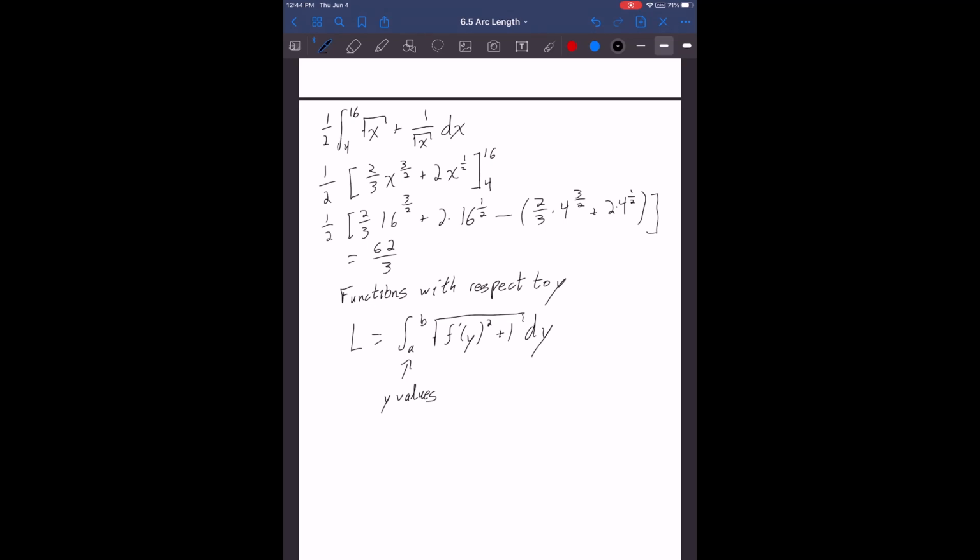It tends to be pretty rare that that happens. More commonly, we just have easier functions when we're dealing with these functions with respect to y when they're already given that way. It's the exact same process, so I'm not going to go through another example like this, but it is a good thing to know that it might come up in worksheets or on a test where you can just take the integrals with respect to y.